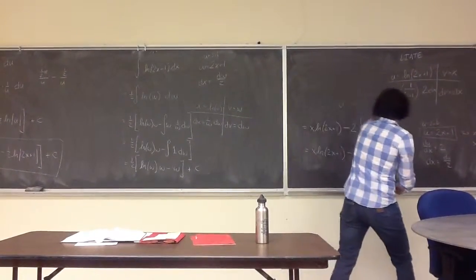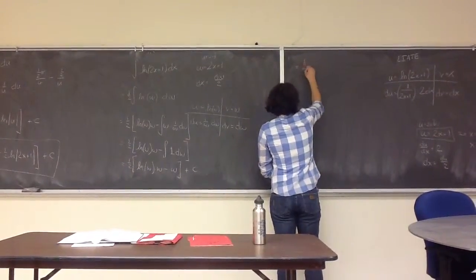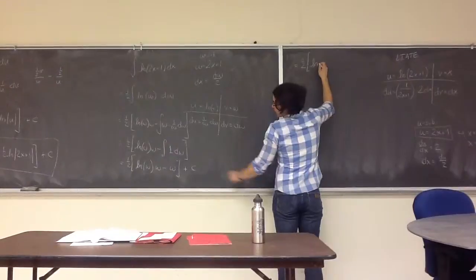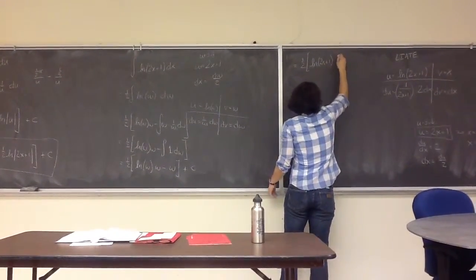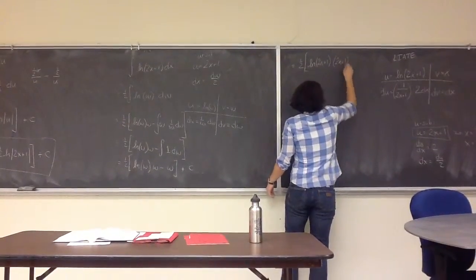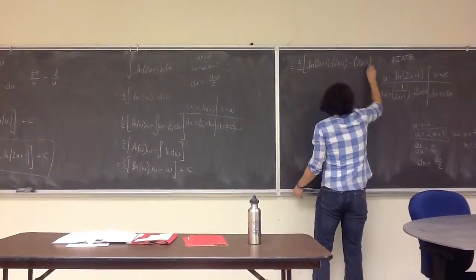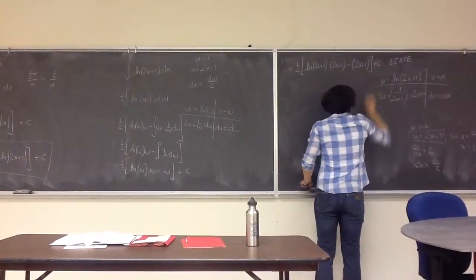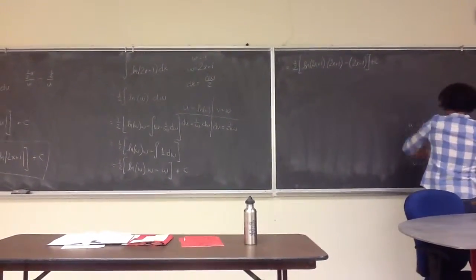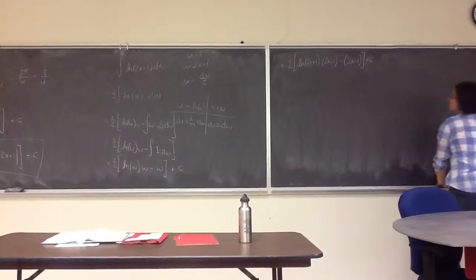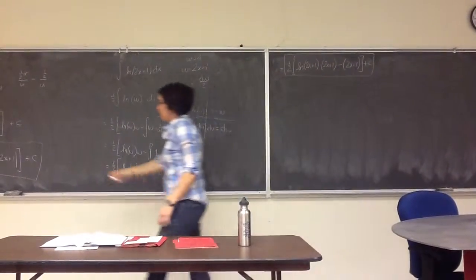So we end up with 1/2 times the natural log of w, which was natural log of 2x plus 1, times w, which is 2x plus 1, minus w, which is 2x plus 1, and then plus c at the end. So that's also a valid final answer.